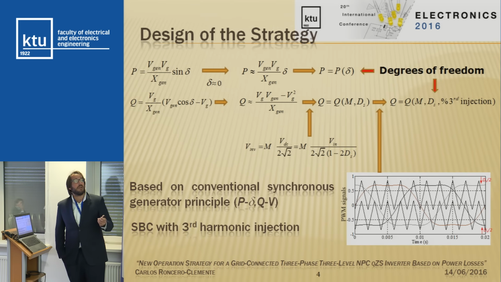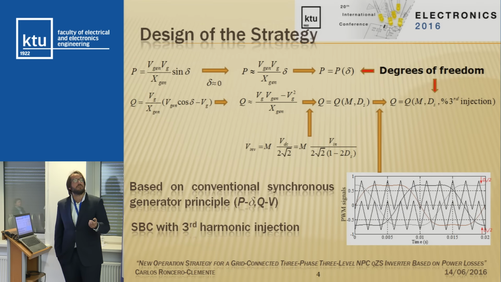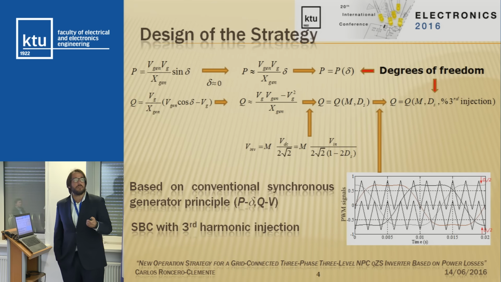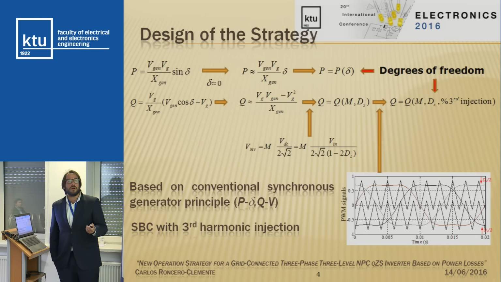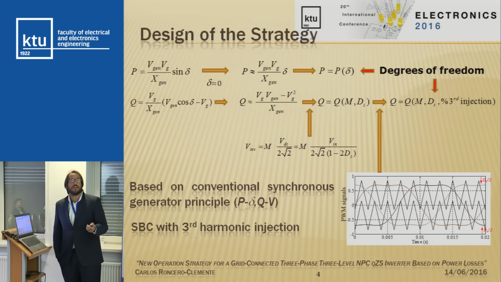Based on the main equation and assuming that the angle between the generator voltage and the grid voltage is very small, near zero, we can determine that the degrees of freedom to regulate active power are the delta angle and the generator voltage, and the generator voltage is also the degree of freedom for the reactive power.